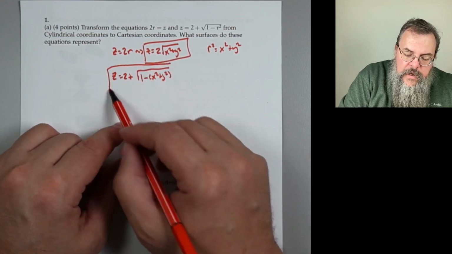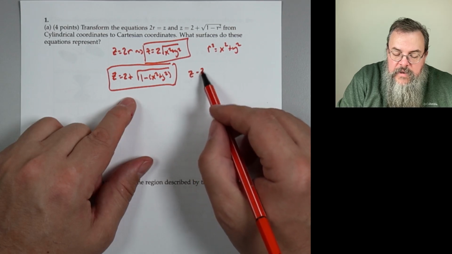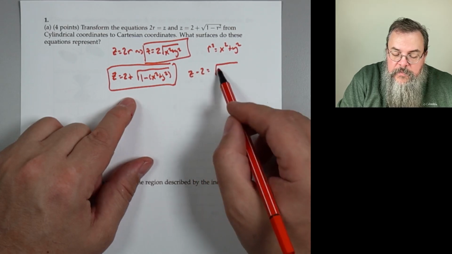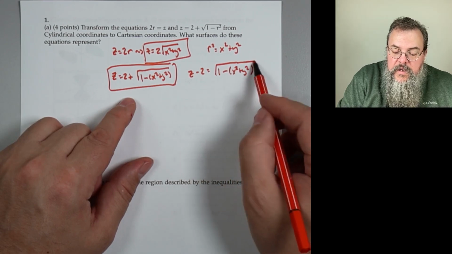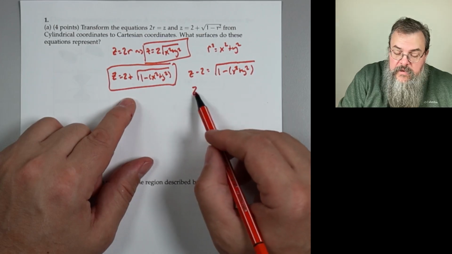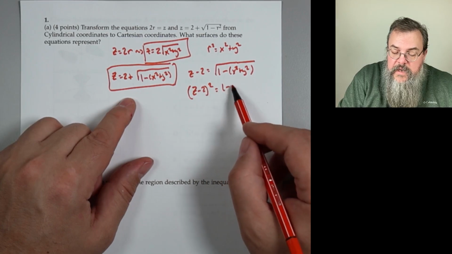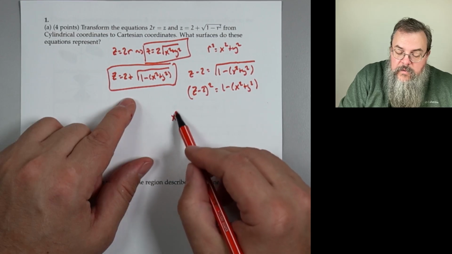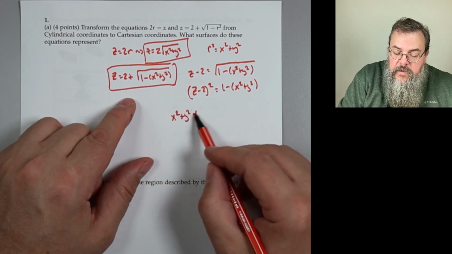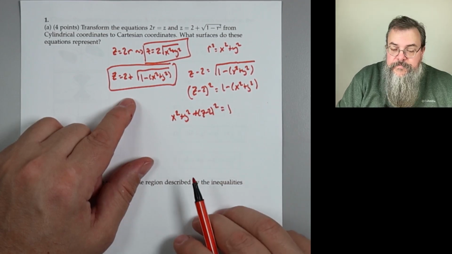I like this, by the way, but I want to get some insight into what it is. Z minus 2 is the square root 1 minus x squared plus y squared, and square both sides. Z minus 2 squared equals 1 minus x squared plus y squared, or x squared plus y squared plus z minus 2 squared equals 1.